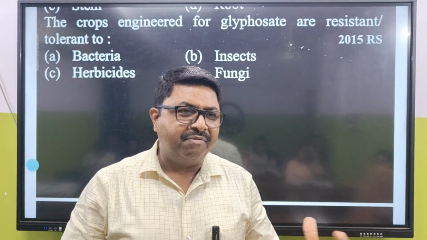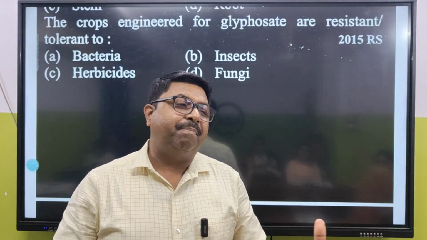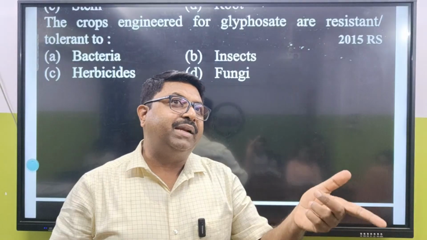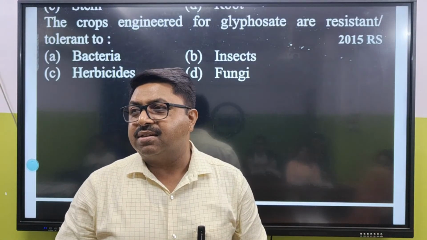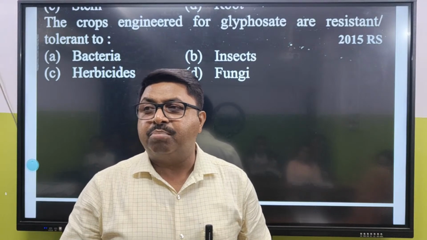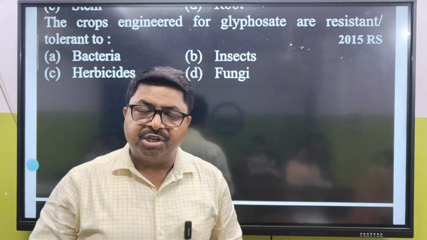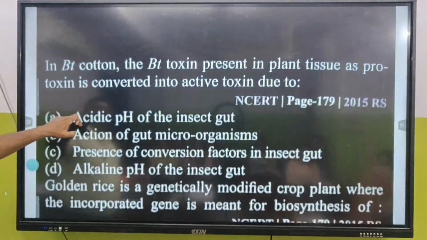Some of the weeds got resistant, and some of the main crops got resistant from that. So we have found out which part of the gene can make it resistant, and that was enol pyruvyl shikimate phosphate. These are nothing but glyphosates. So the answer is herbicides.